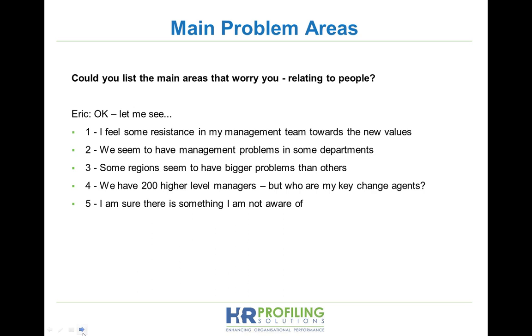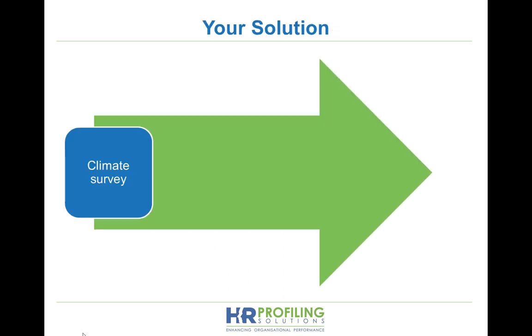So let's have a look at the solution we are going to offer him, or you are going to offer him. We're going to start by providing information that helps him make the right decisions, and we're going to introduce a 3-step process. The first one is the climate survey. Using the climate survey, we take an organisational values and ask every person working within the organisation how well they are seeing the values and how they are being practiced.